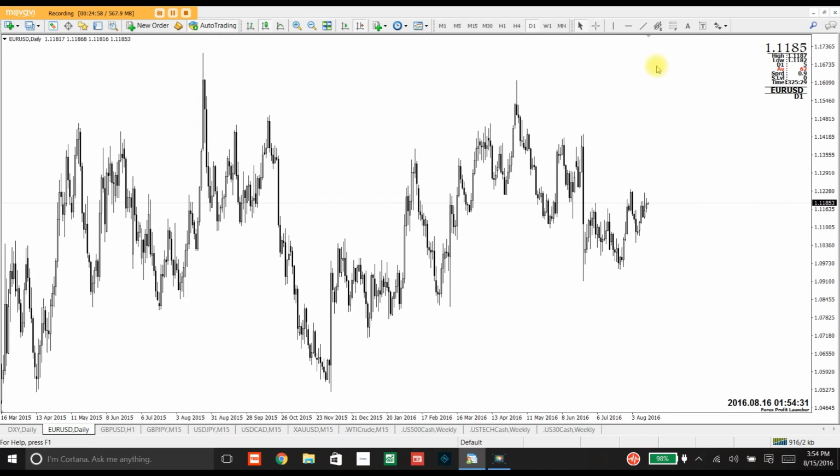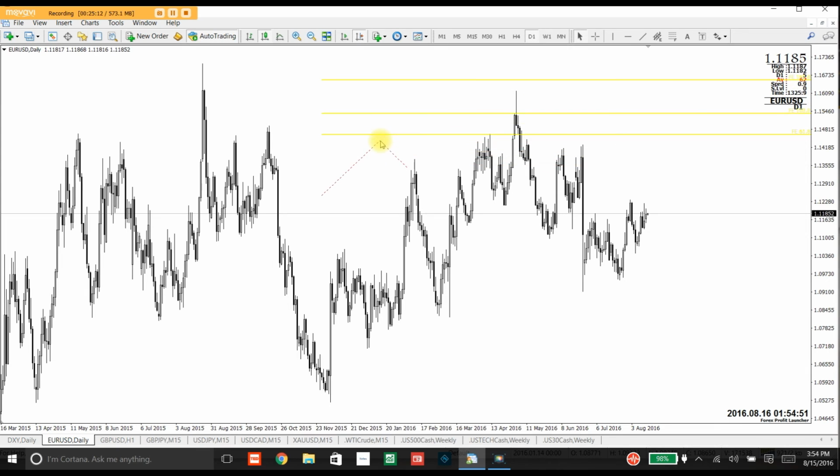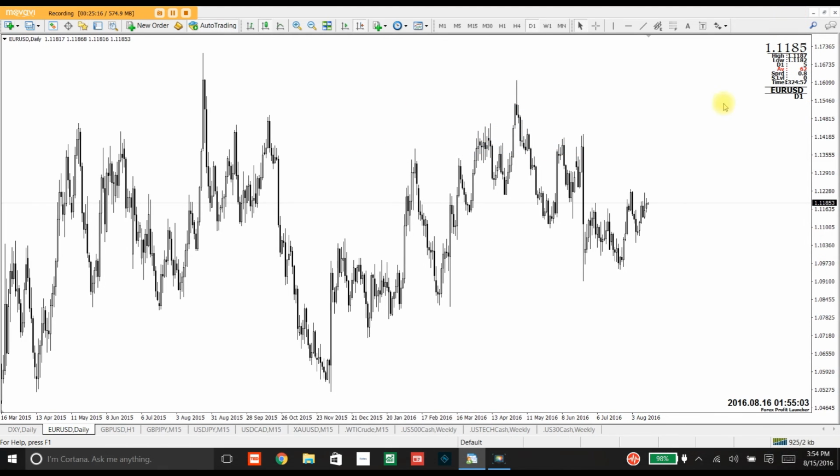The other way to do it is if you go to Fib, you actually have, let me delete that. You actually have to go to insert, Fibonacci expansion. You can use the expansion tool, which I never use. I just add the levels to my regular Fib retracement level, because all they are is levels to the upside, past 100%.